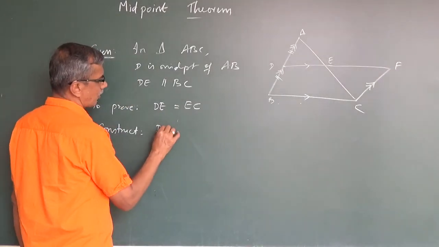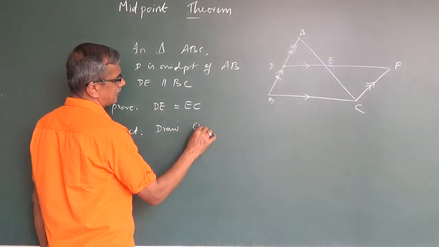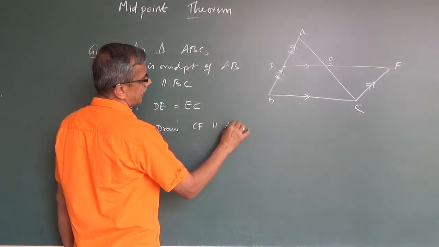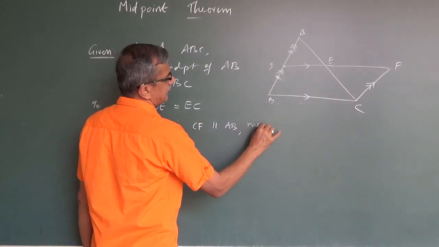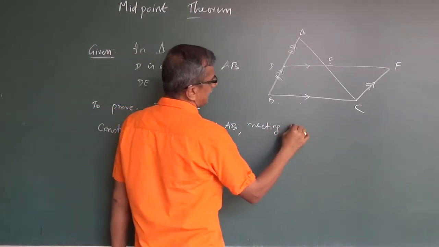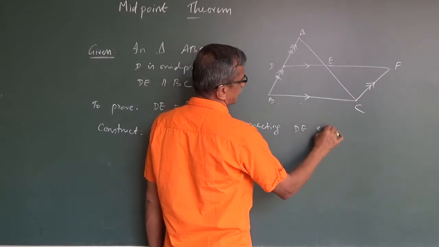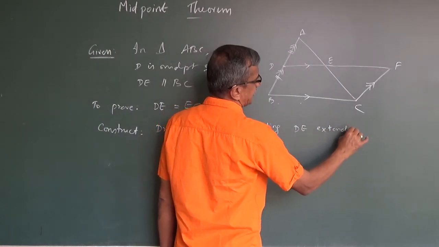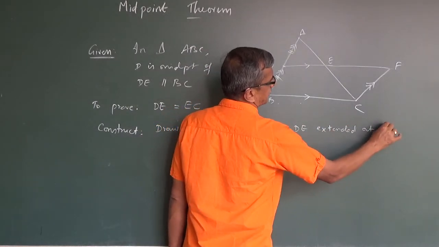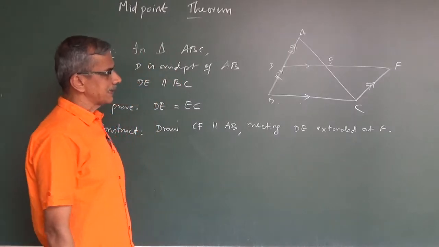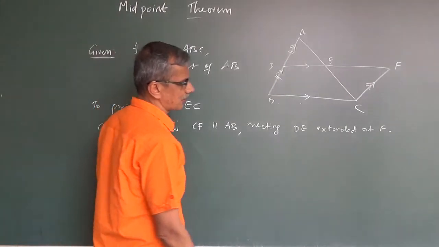That is, draw CF parallel to AB, meeting DE extended at F. So like that we have drawn.